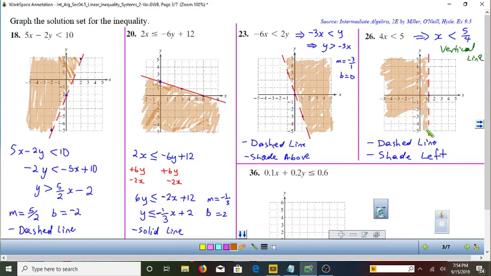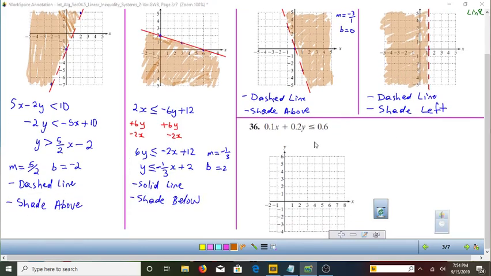Now, let's move on here to another example. And finally, I'm doing this example only because it's with decimals. And you will see that it's basically the same process. You solve for y, so we're going to subtract 0.1x from both sides.